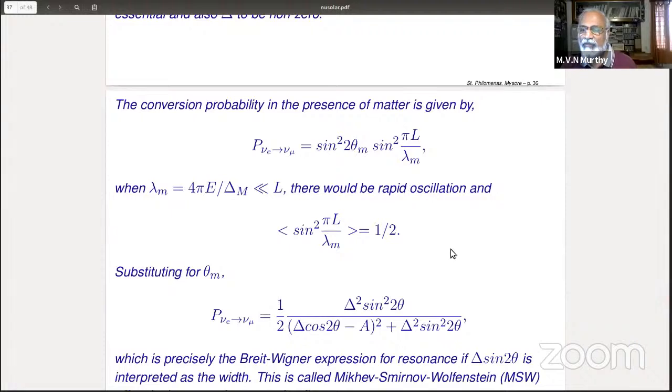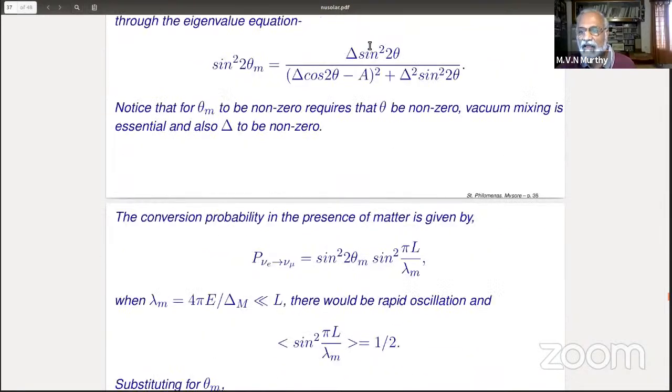Now, the conversion probability, we will just do what we did in the case of vacuum. So we just take the states and take their overlap as the electron neutrino is propagating, and it just changes by this factor sin squared 2 theta we had earlier in vacuum, which is now sin squared 2 theta m. Theta m is this angle which we have calculated.